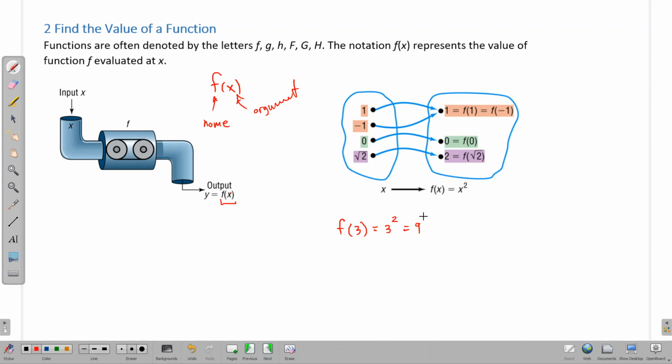Plug 3 into that function, you get 9 out. Common letters used for the names of functions are f, g, h, or capital F, capital G, capital H. And capitalization matters. Capital F and lowercase f would be different functions. So we don't want to interchange them, and we should recognize that they represent different functions.